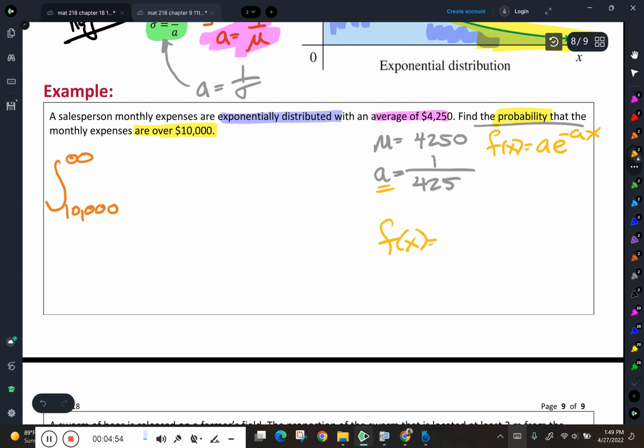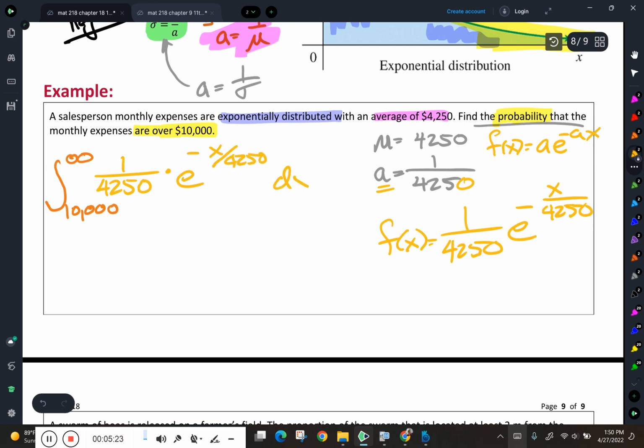My probability density function is 1 divided by 4,250 times e to the negative x over 4,250. That's not too bad, I guess. So the integral is 1 over 4,250 times e to the negative x over 4,250 dx.